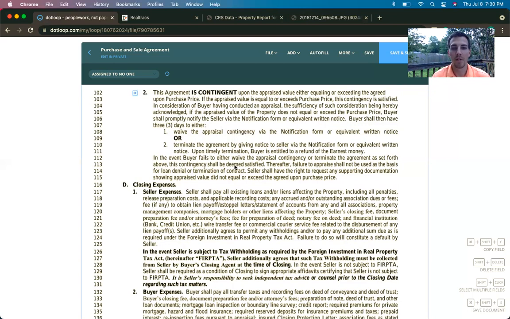In the event buyer fails to either waive the appraisal contingency or terminate the agreement as set forth above, this contingency shall be deemed satisfied. Thereafter, failure to appraise shall not be used as the basis for loan denial or termination of this contract. So stay within your 3 days, let the seller know. Otherwise, they're going to have to move forward with the property.